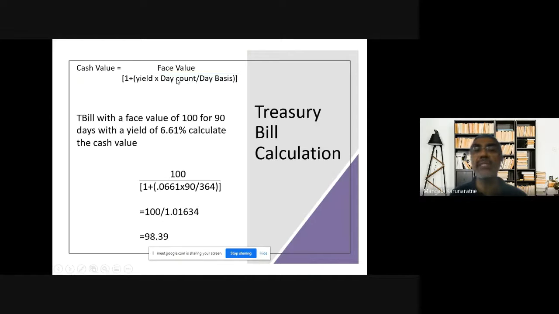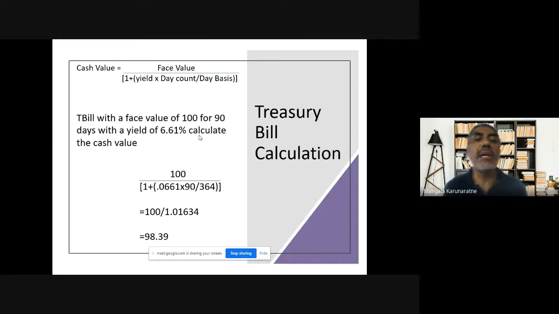Day count is the number of days. The day basis is 364 because for treasury bills we use a 364-day basis. This is the only example I gave with regard to the treasury bill calculation, but I thought I would explain it again to refresh your minds.